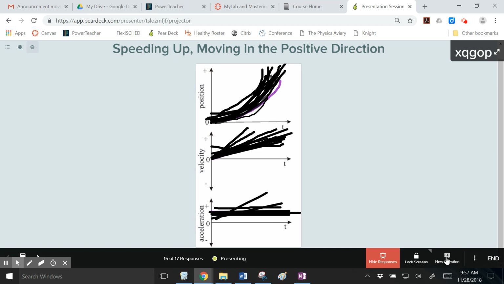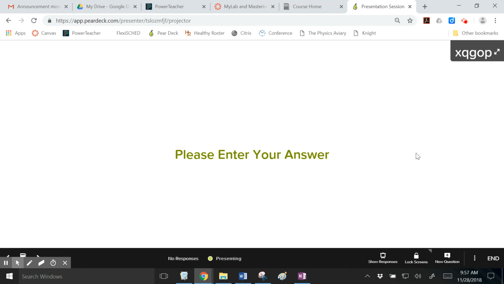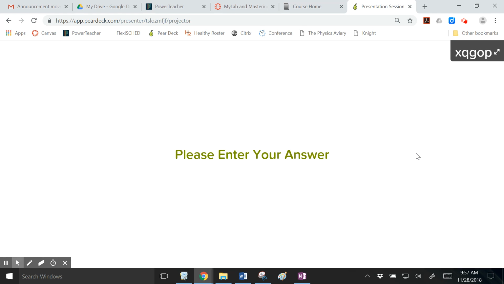It's getting steeper. So can you share with us why you're saying that? Why did the position time graph get steeper? That's what I'm interested to hear right now. Why does the position time graph get steeper?